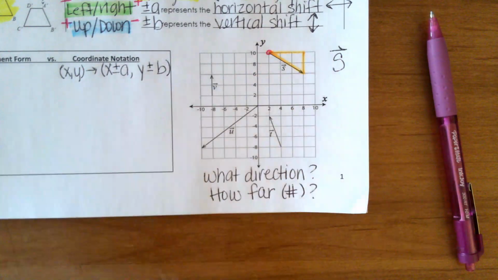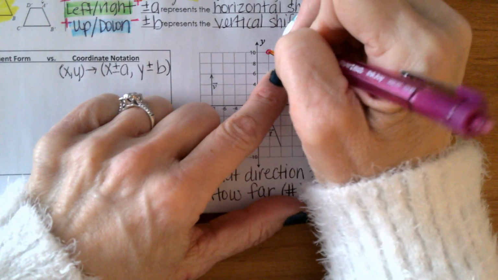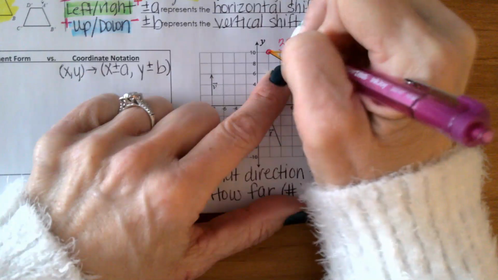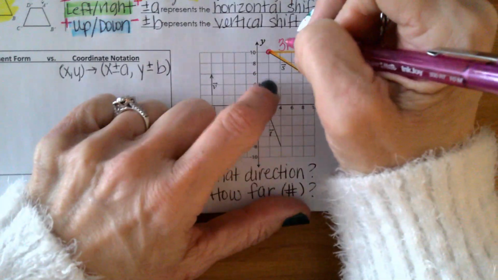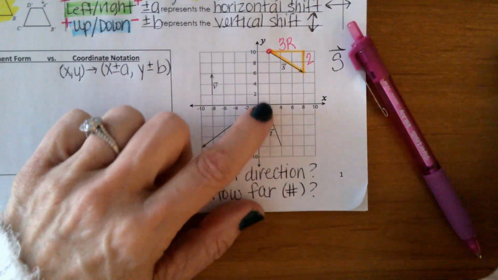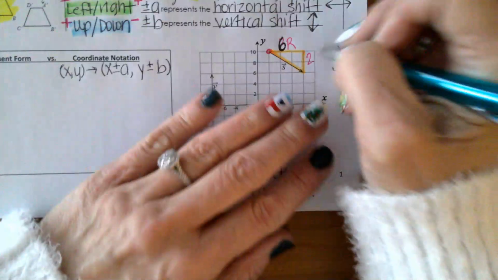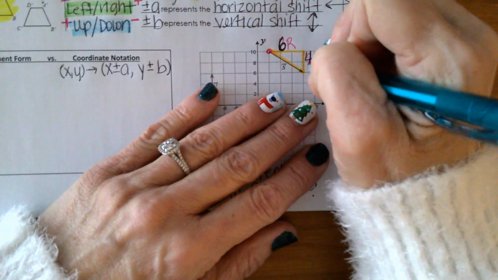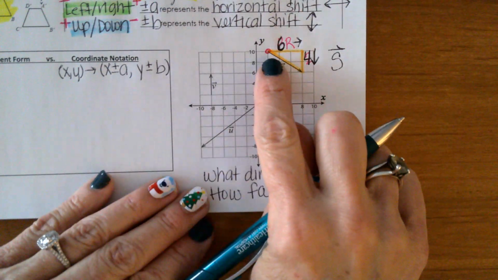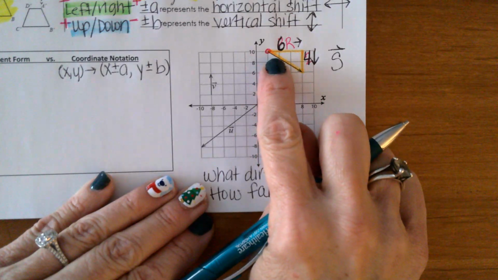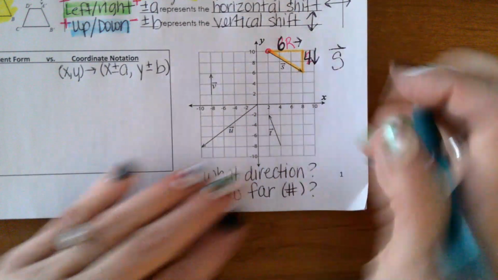So to tell me the movement, I know that I'm going 3 to the right, and then I'm going 2, I'm sorry, you know what? These are going by 2s if I look here. We're going 6 to the right. Sorry about that. And then we're going 4 down. You guys agree? Okay, so that dot that's right here will slide right down here to this arrow. This would be the end.